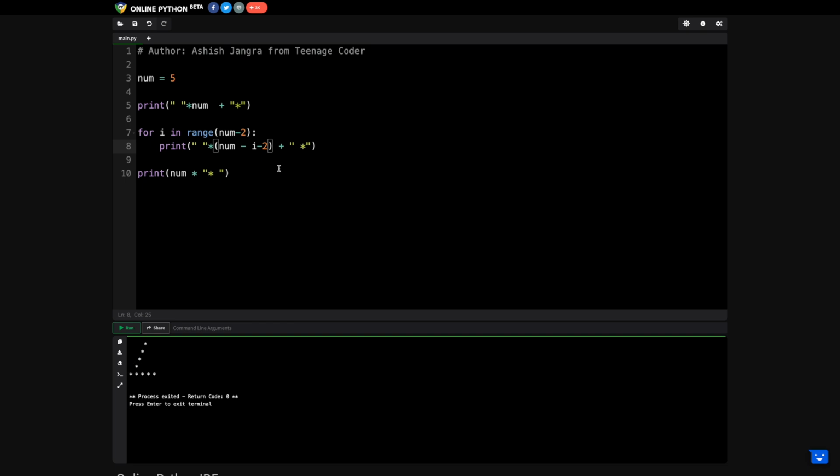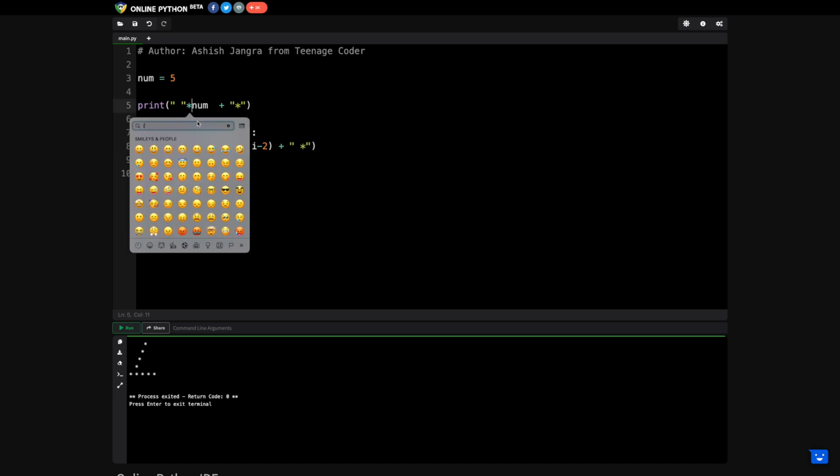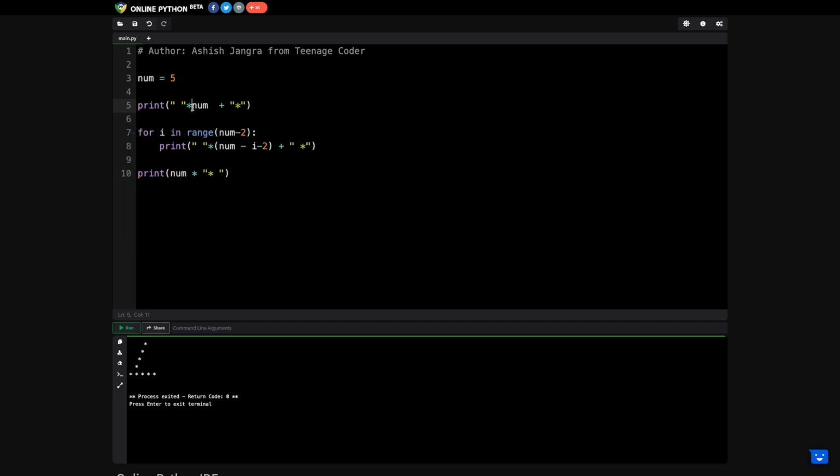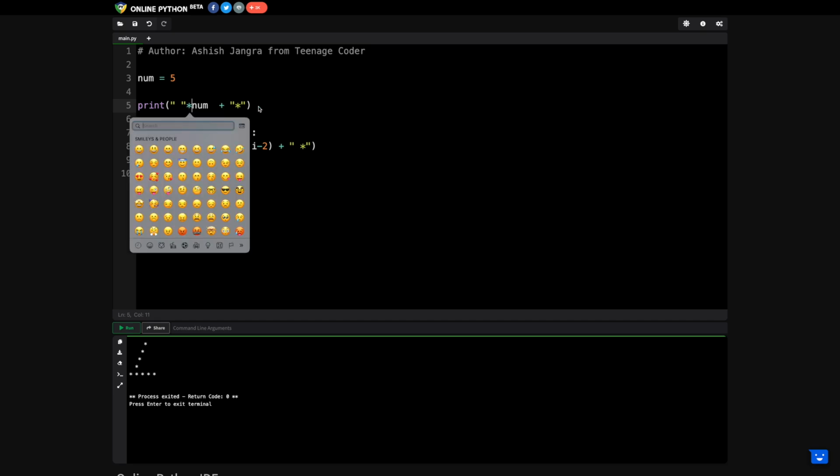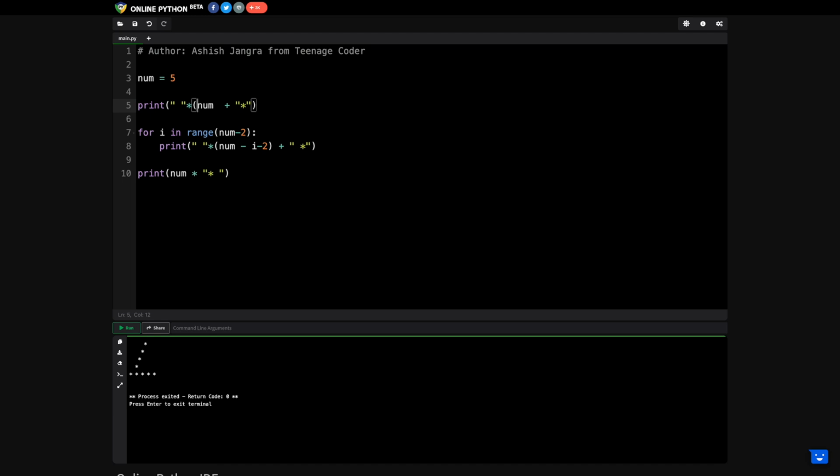So what I can do to get rid of those empty spaces, either I can subtract 1 from it to get that many spaces, and here as well I need to subtract 3, let's suppose, and execute it.